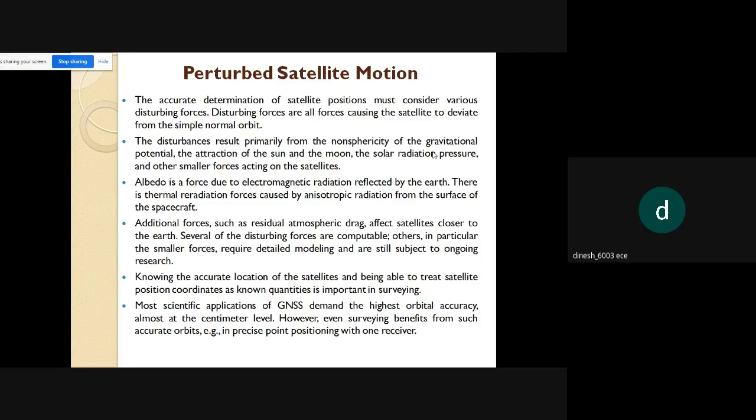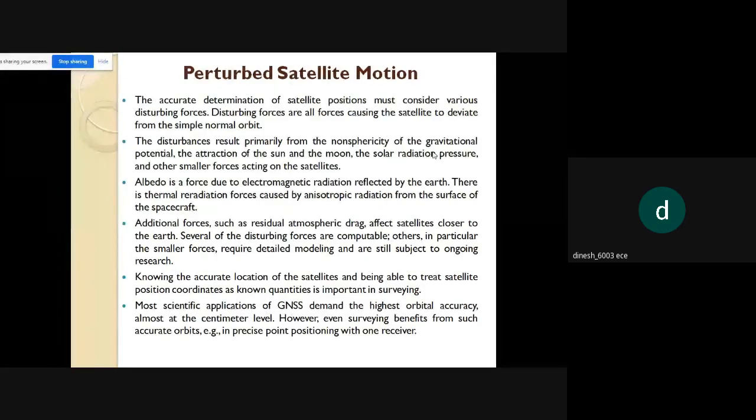There is another force called albedo, which is a force due to electromagnetic radiation reflected by the Earth, given by the sun. Then there are thermal radiation forces, which matter for satellites very close to the Earth.